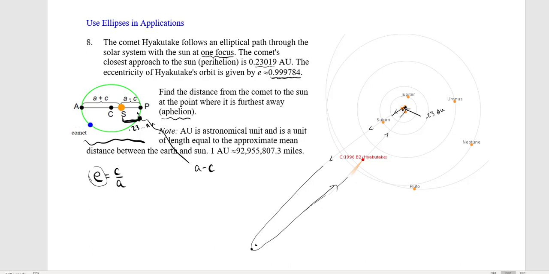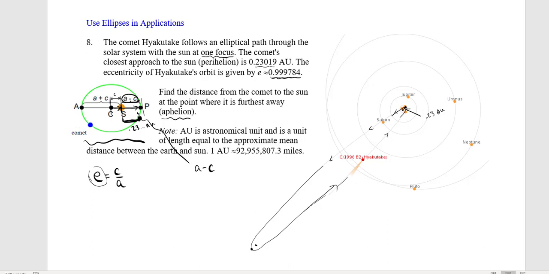A is the distance from the center out to this point P. Well, the distance from C to S, that is the distance to a focus. That's our little c. So you go all the way out, A units, then subtract off these C units, you're left just with A minus C in here.